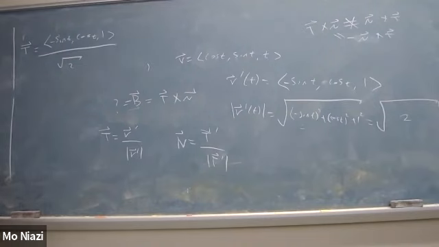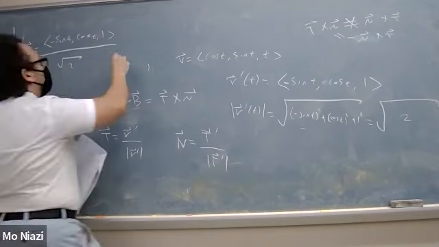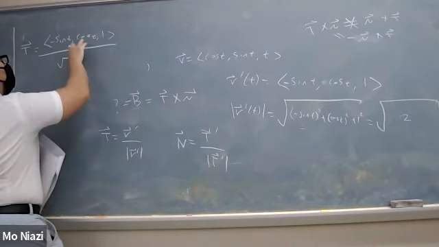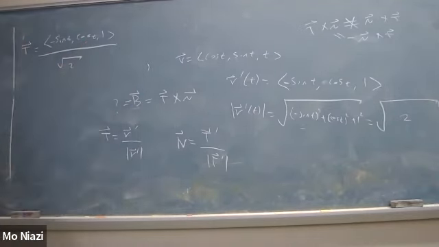So we get what T is. It's this guy. And I could distribute the square root to each of those components, or I could just keep it like this. There's less to write if I keep it like this.